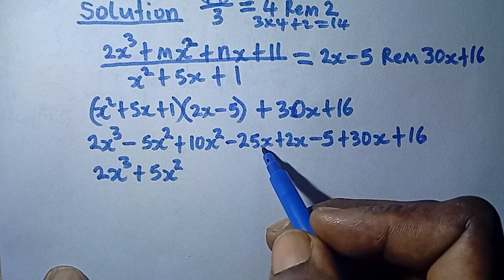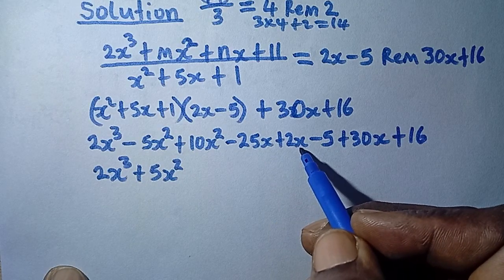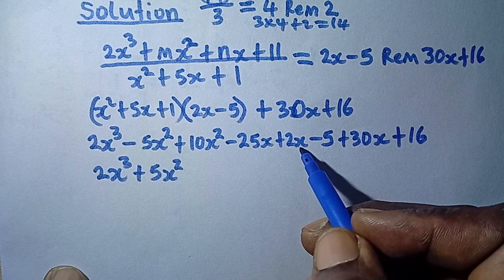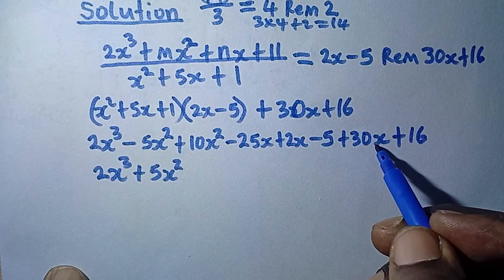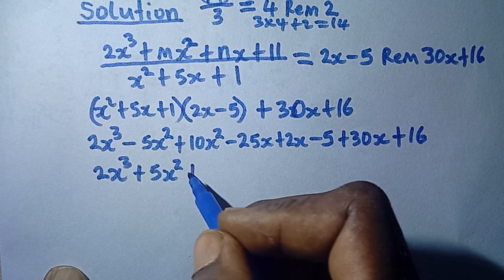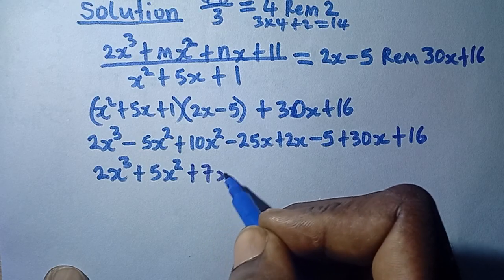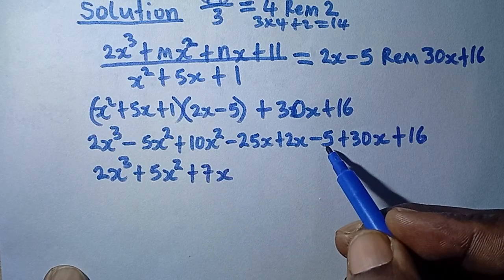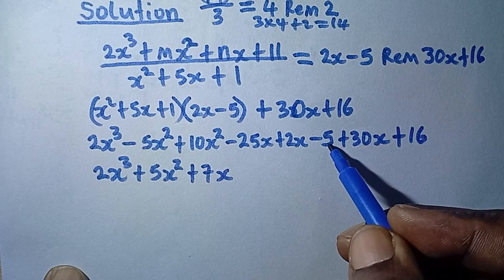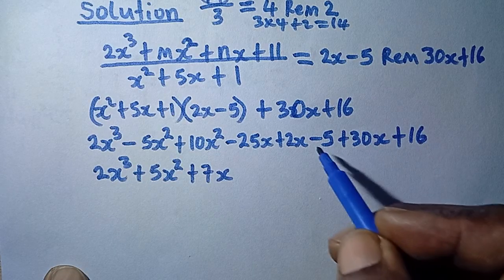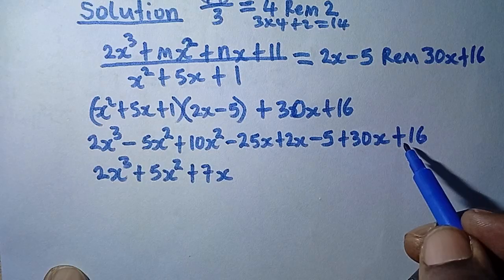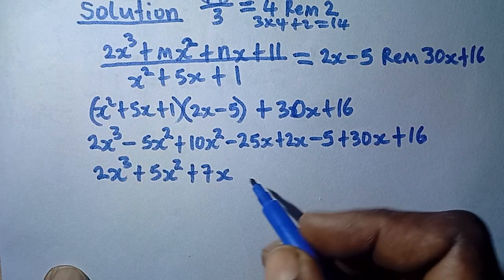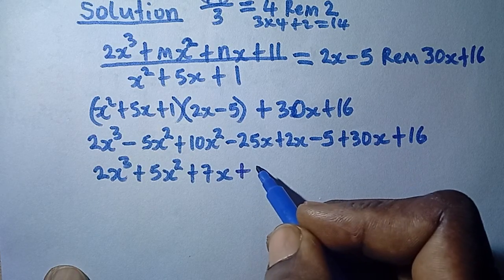Negative 25x plus 2x gives negative 23x, and negative 23x plus 30x gives plus 7x. Then for the constant terms, negative 5 added to positive 16 gives plus 11.